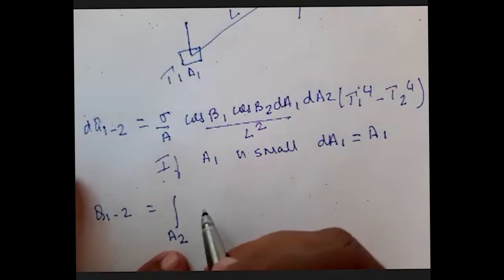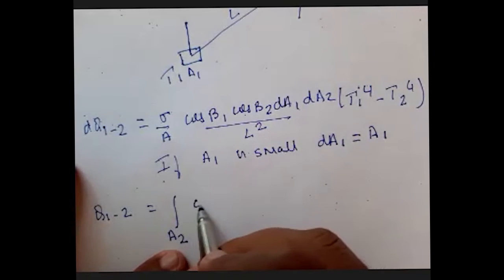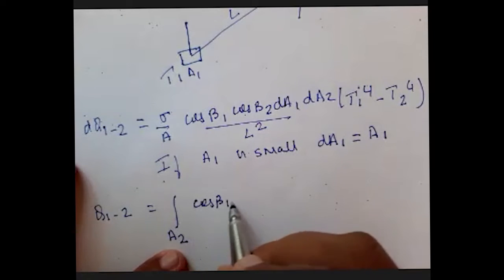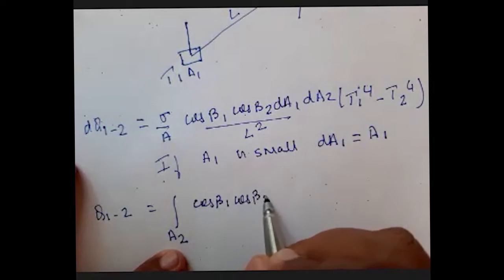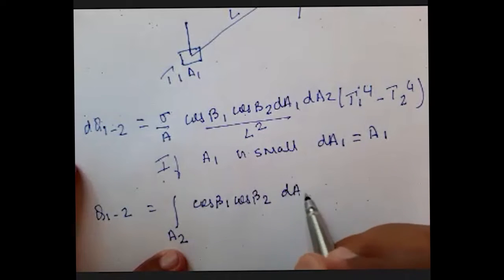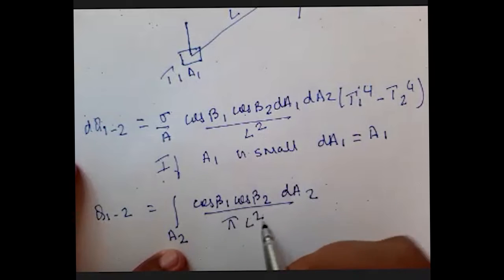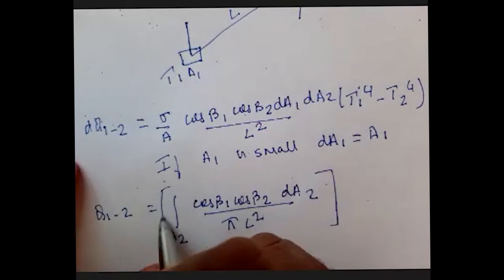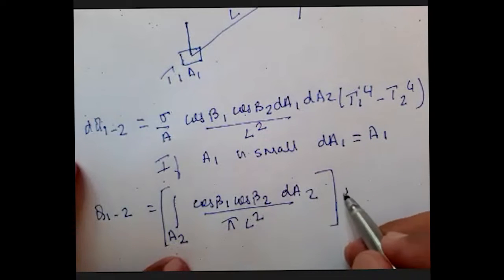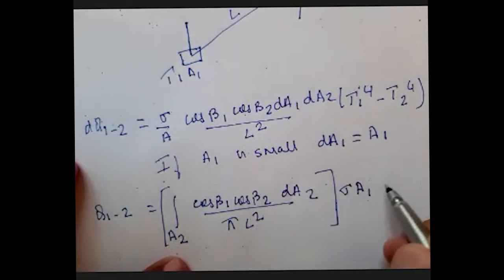In that case, my Q1 to 2 will have within the integration only A2, because I have already taken dA1 equal to A1. I'm going to integrate only over the surface A2, cos beta 1 cos beta 2 into dA2 divided by pi into L square, multiplied by sigma into A1 into T1 raised to 4 minus T2 raised to 4.